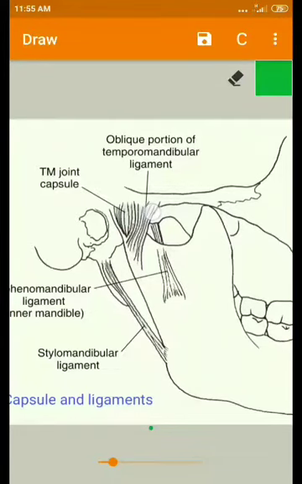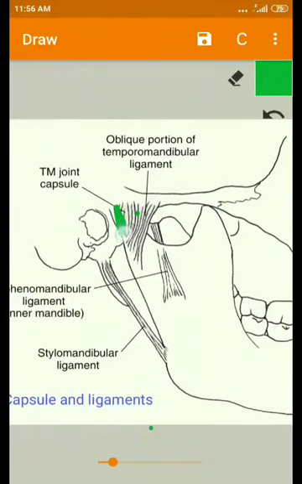Now, the capsule is highly vascularized and innervated. Because of this vascularization and innervation, it gives a lot of information about the position and movement of the temporomandibular joint.